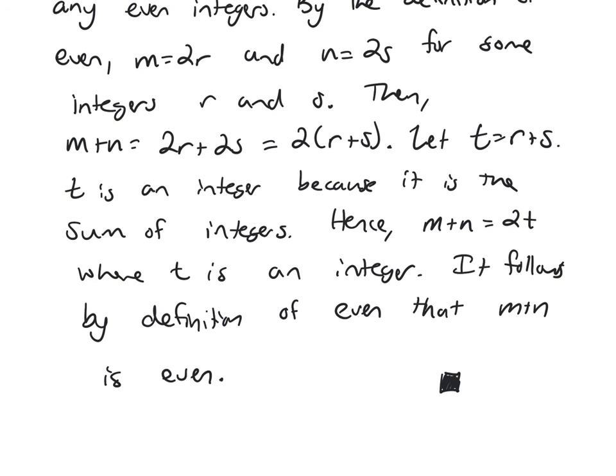You can't just write down symbols and equations. And number two, I see a lot of times students want to prove this by example. They want to take two specific even numbers and add them together. Well, that doesn't always prove that the sum of any two evens is even. Remember that an example doesn't prove that something's true in general.